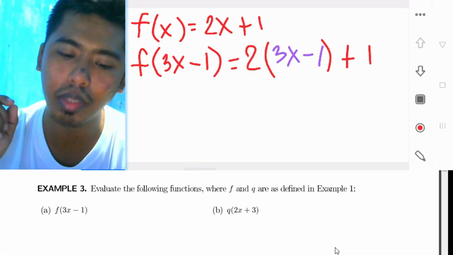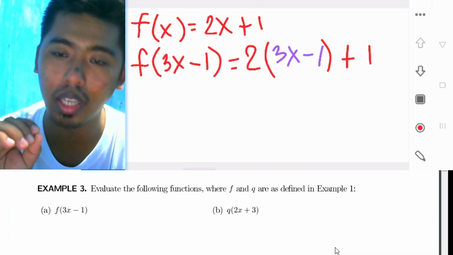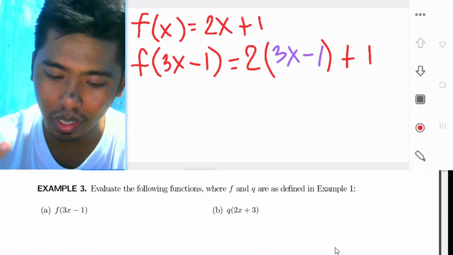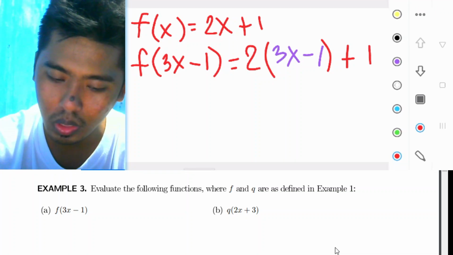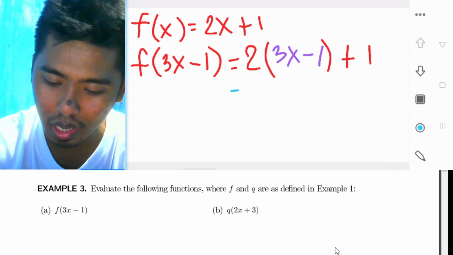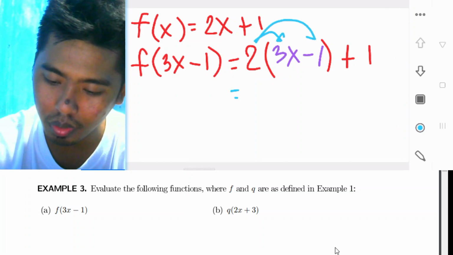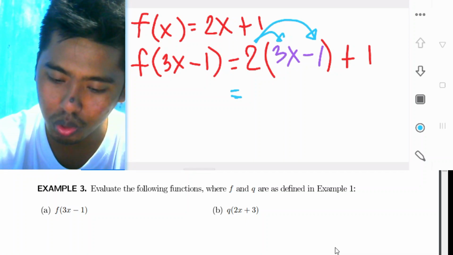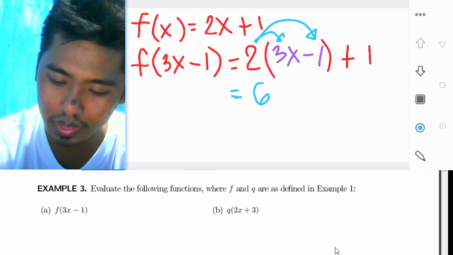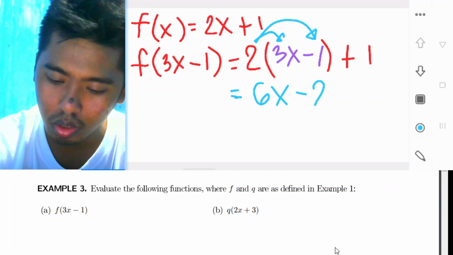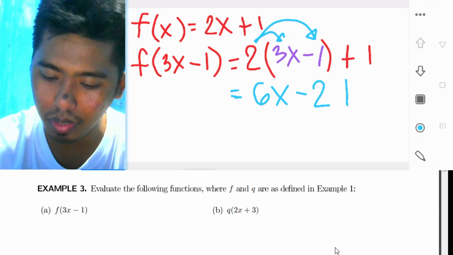Now next we're going to simplify. So in order for us to answer this particular problem, we're going to distribute. Okay, so 2 times 3x, that would be 6x. Then 2 times negative 1, that would be negative 2. Then copy the plus 1.